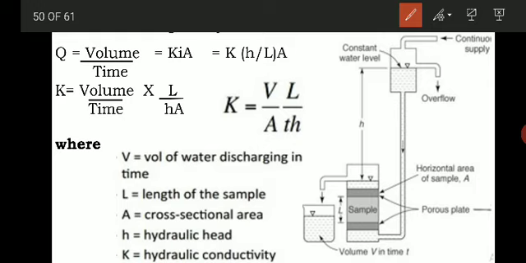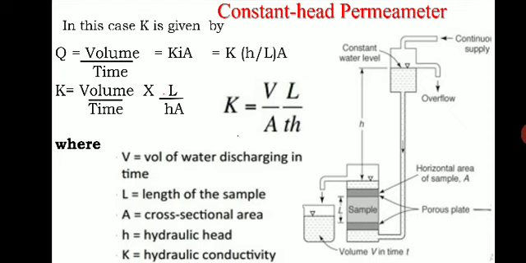So we know from Darcy's law, right? What is Darcy's law? We have discussed. So in this case, K is given by, first from Darcy's law we can find out the K. Q is the discharge. Discharge is what?